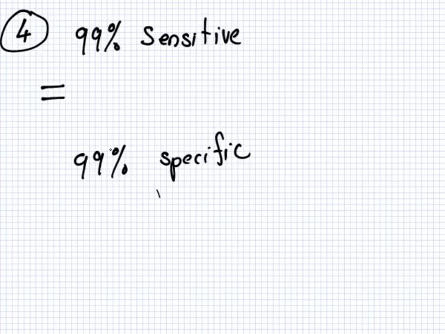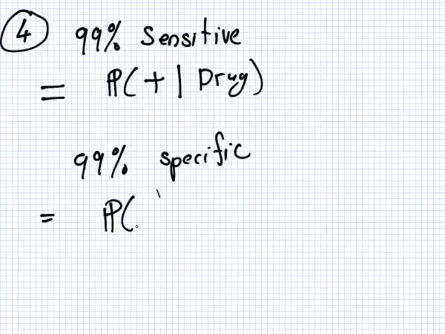In other words, this is the probability that the test will give a positive result, they're a drug user, given that they actually are using drugs. 99% specific, you could probably guess now what this means. What do you think? That's the probability the test says negative result, they're not a drug user, given that they actually are not a drug user.